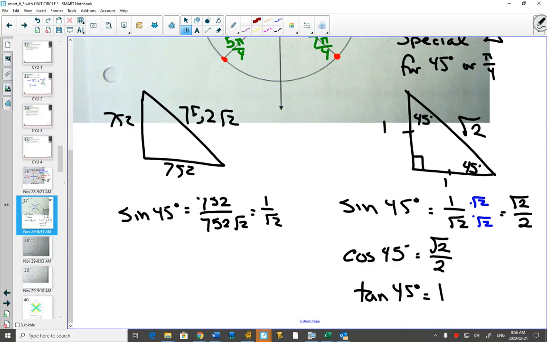This will work with any number, although we tend to use 1 just because the math is easier. But it doesn't matter how big or how small. That's the main idea of trigonometry and sine, cos, and tan. That sine of an angle is the same ratio no matter how big or how small the triangle. That's the power of trigonometry. That's what makes it so amazing.